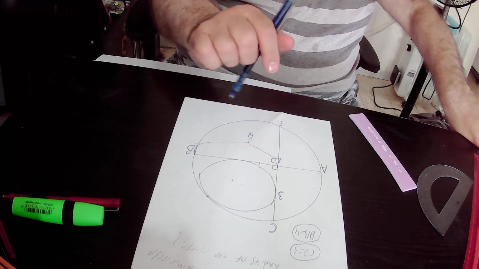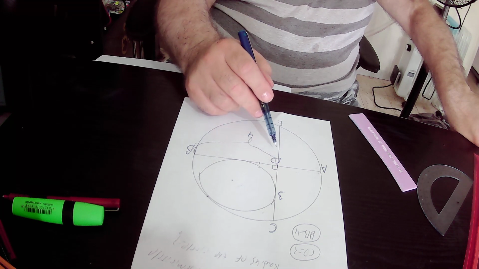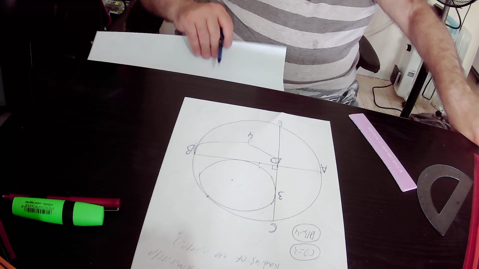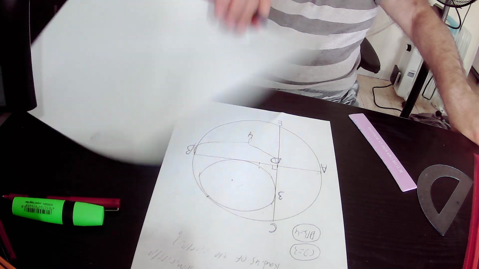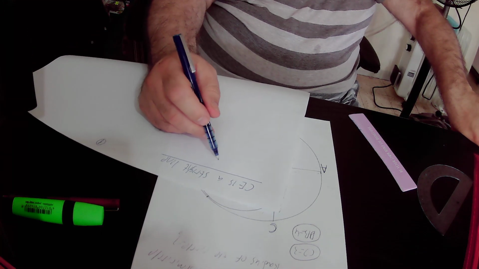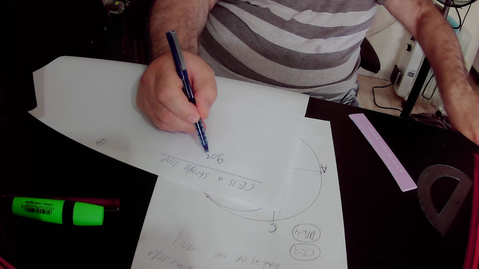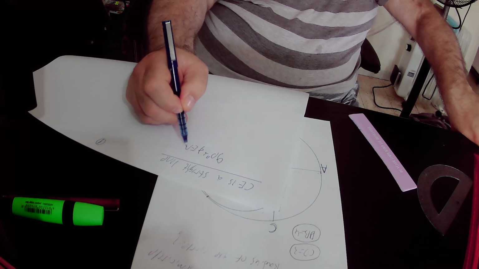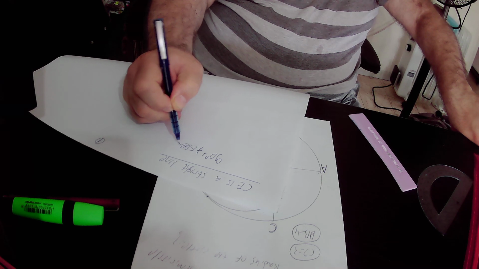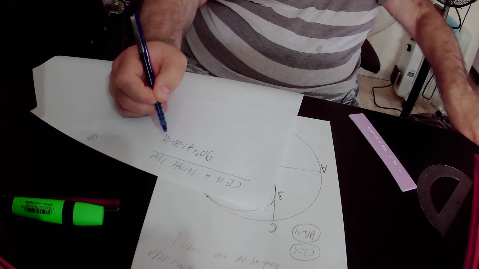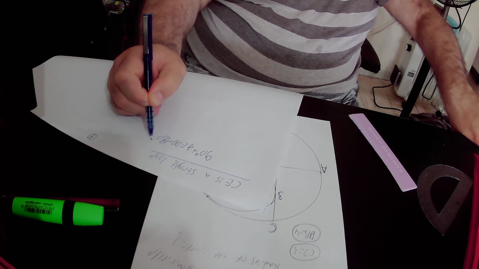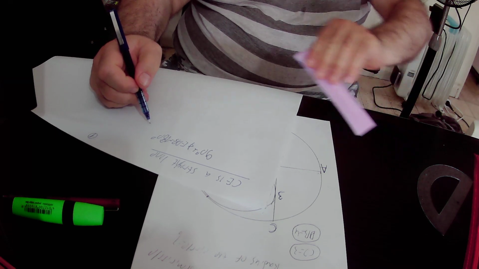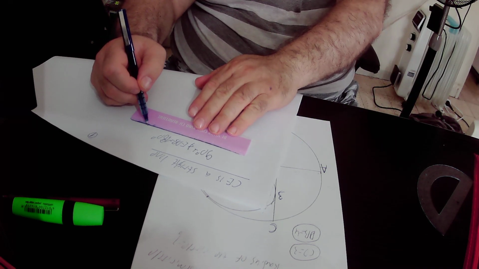We have 90 degrees and also angle EDB. So 90 degrees plus the size of angle EDB. In total, the sum of those two angles must be equal to 180 degrees, according to the rule that the sum of the angles on one side of a straight line is equal to 180 degrees. Okay?